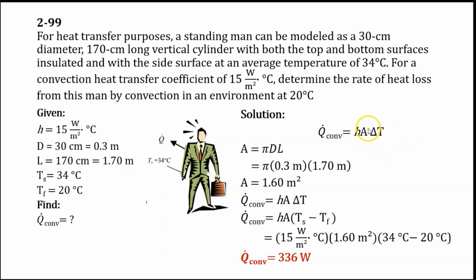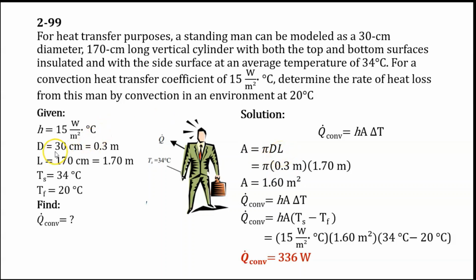So since the surface area is unknown, in order to find the rate of heat loss, we will solve first the surface area. So the heat transfer surface area of the person is given by the surface area equal to pi DL, where D is the diameter and L is the length.